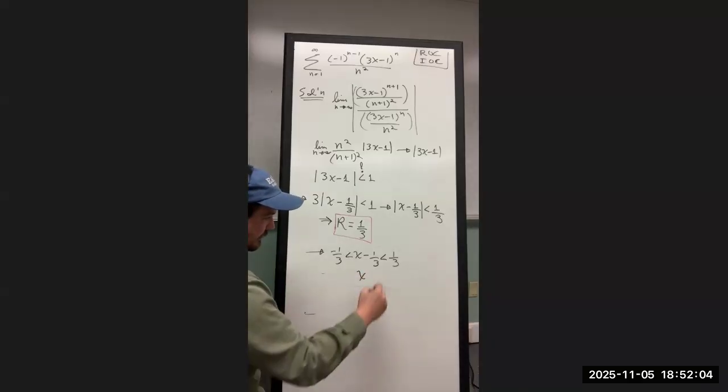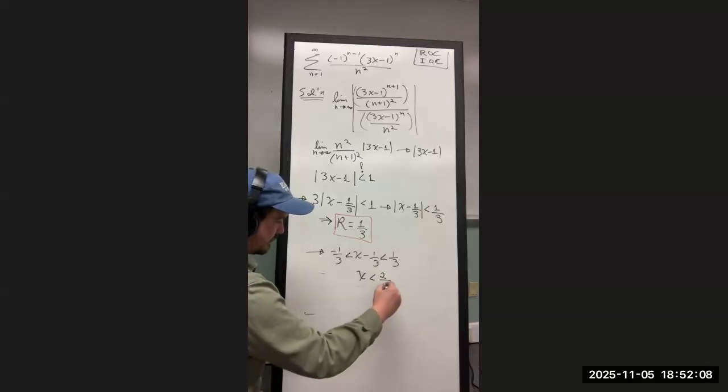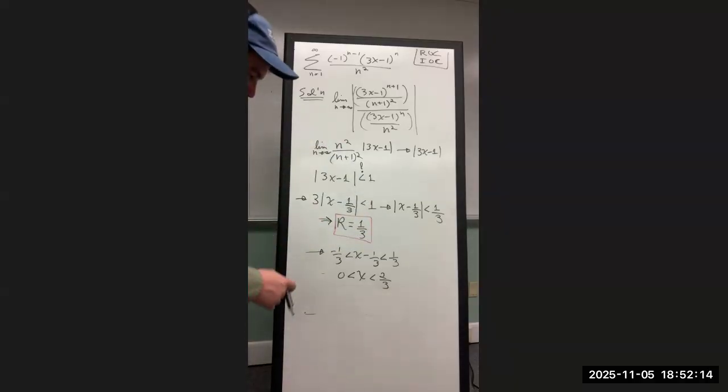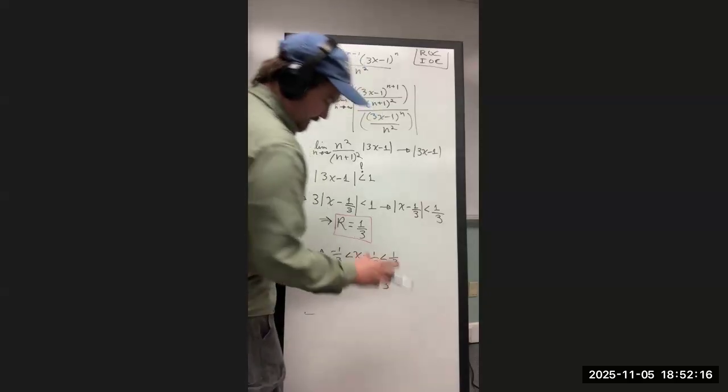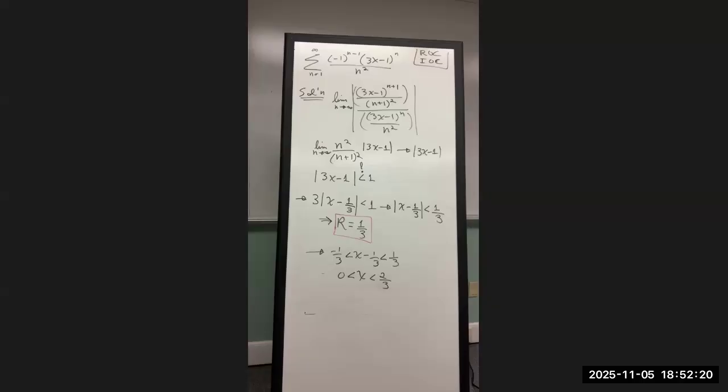If we get x by itself in the compound inequality, adding that 1/3 over, we'll get x is between 0 and 2/3. So this is the interval of absolute convergence. We definitely have absolute convergence in that open interval. We still need to check the endpoints, however.